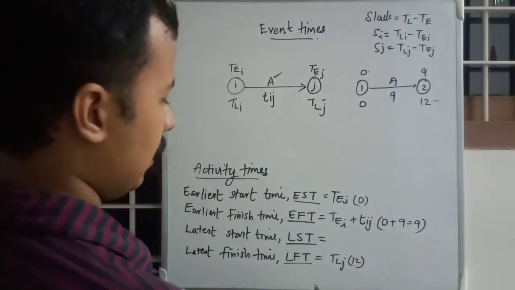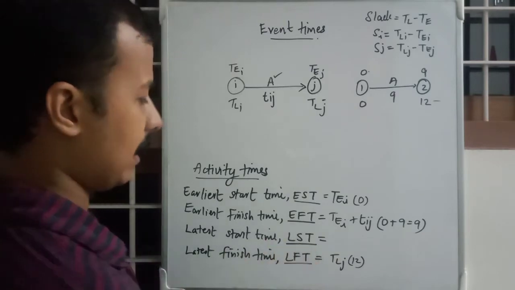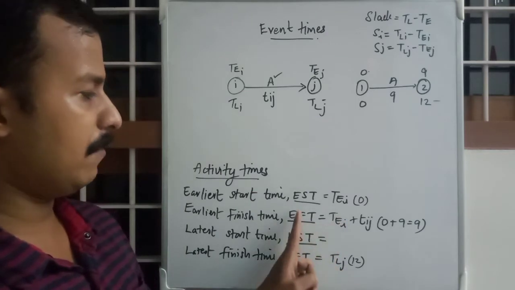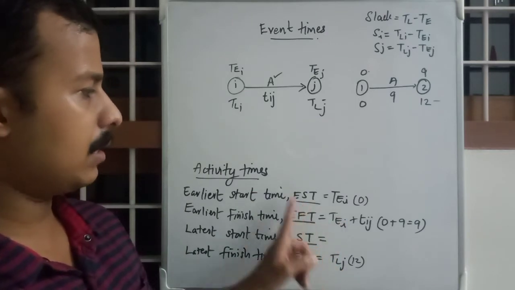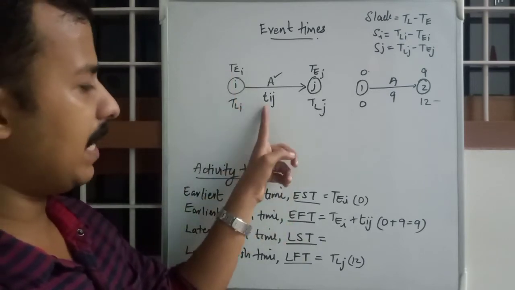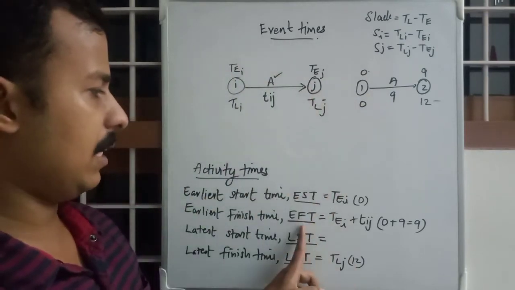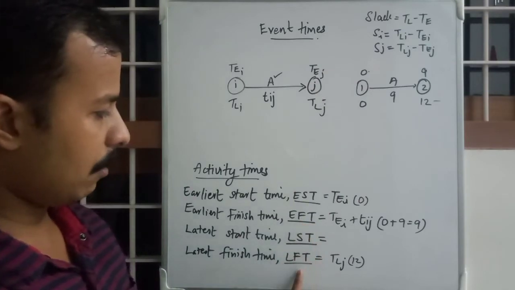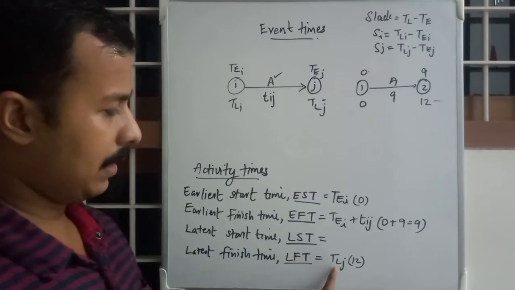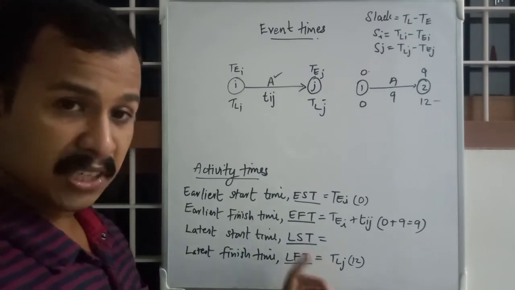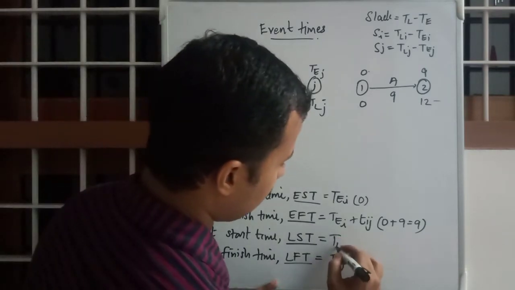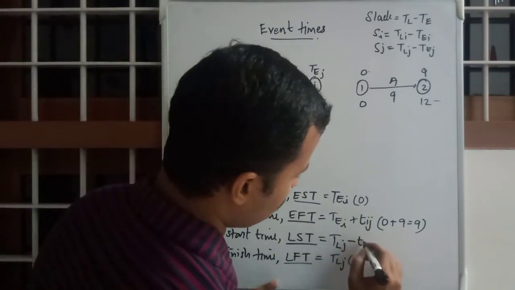And what will be LST, latest start time? In the similar way that we found EFT from EST, where we had EST as TEI and added Tij to get EFT, now we have LFT, latest finish time, and from that you can get LST by TLJ minus Tij.